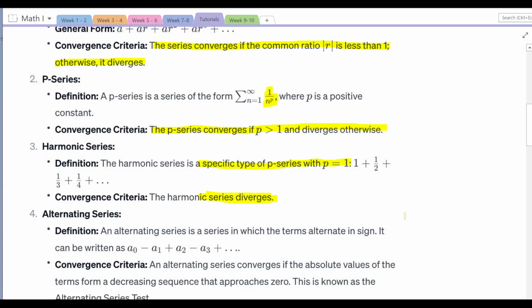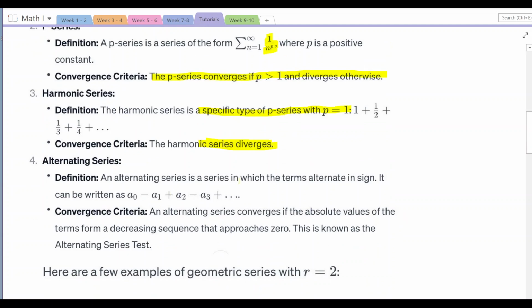By definition, an alternating series is a series in which the terms alternate in sign, meaning the sign of the terms in the series alternates from positive to negative, like so. For example, the initial A0 plus, and then negative A1, positive A2, negative A3, and so on.